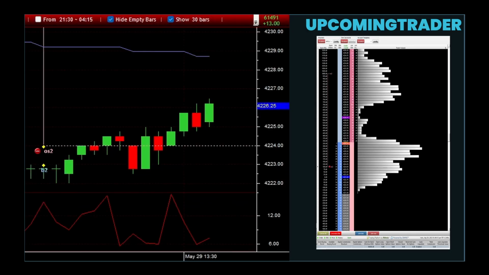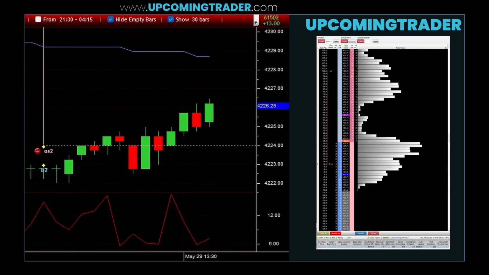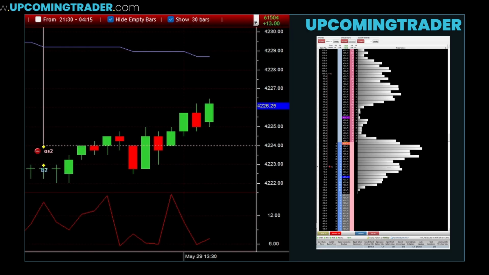Patterns like double tops, double bottoms, and head and shoulders can add a layer of confirmation to the signals from the exponential moving averages. For example, if you spot a double bottom pattern forming and then see the 12-day exponential moving average crossing above the 26-day average, it might be an excellent opportunity to enter a trade as the market is showing signs of strength.